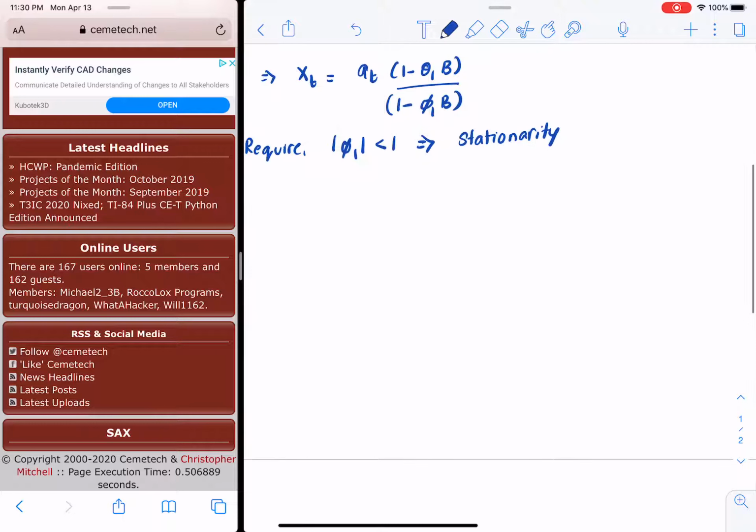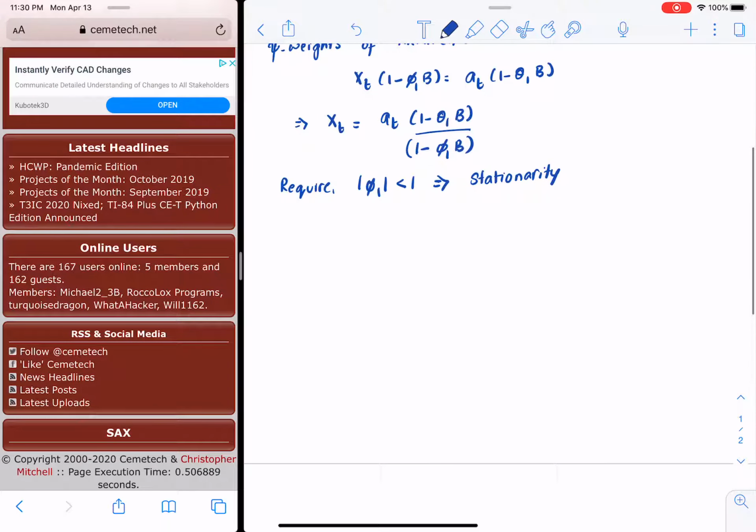So I can now rewrite this expression as (1 minus theta_1 B) times 1 over (1 minus phi_1 B). Now, this right here is the infinite sum of a geometric series.